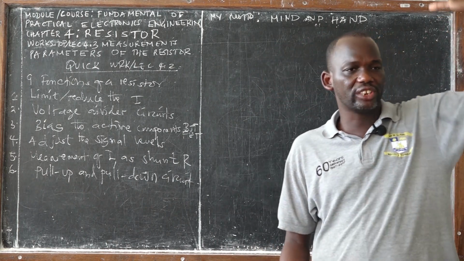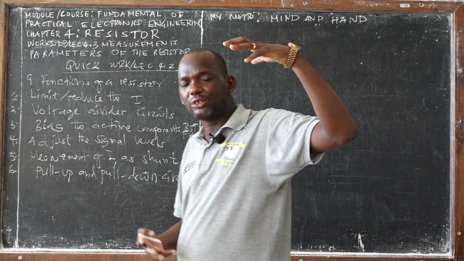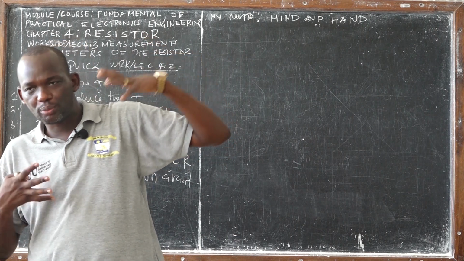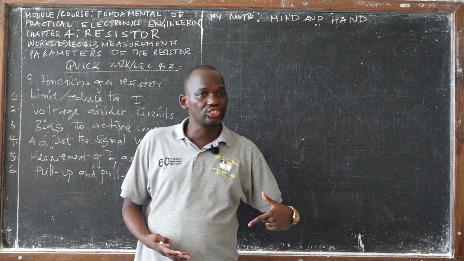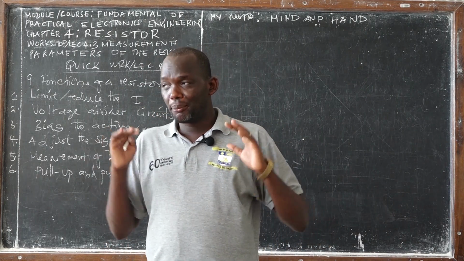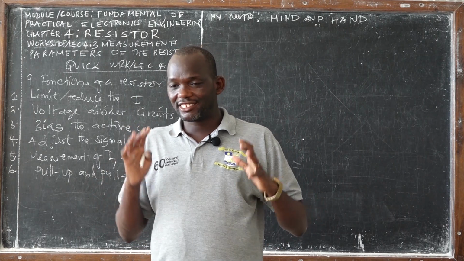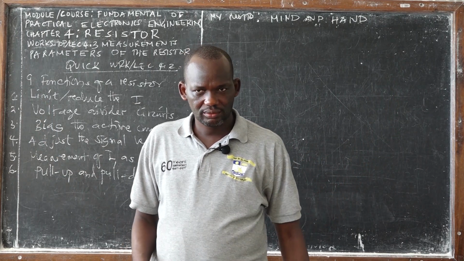If the resistor is connected with the DC source and the push button is connected with the ground, that is pull up. But if the push button is connected with the DC source while the resistor is connected with the ground, that is pull down. Are we together? And I told you pull up and pull down are very important circuits because they are the circuits used to introduce digital signals within your circuit. Okay?